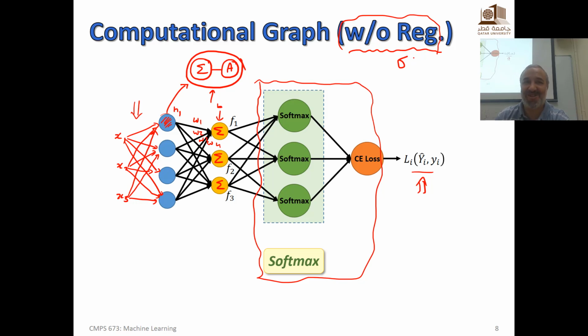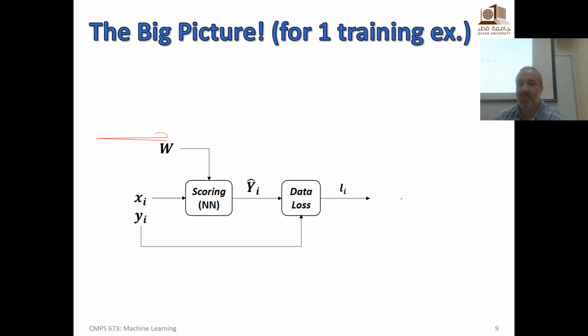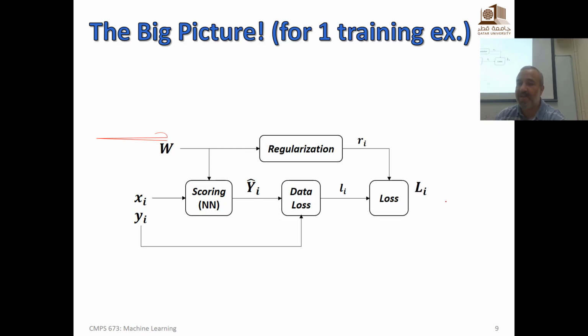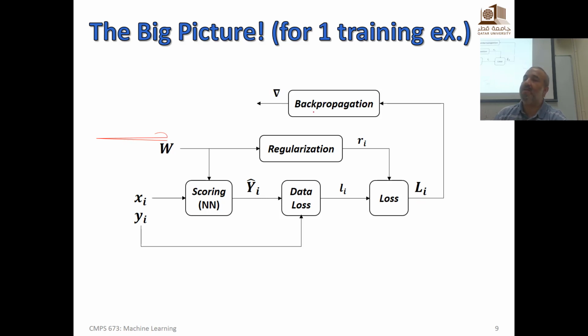If there is regularization, of course you have to add other gates to compute. And this is what we have here. So now this is the loss for that example. When we get that loss, now we can apply backpropagation. When we apply backpropagation, we get the gradients.